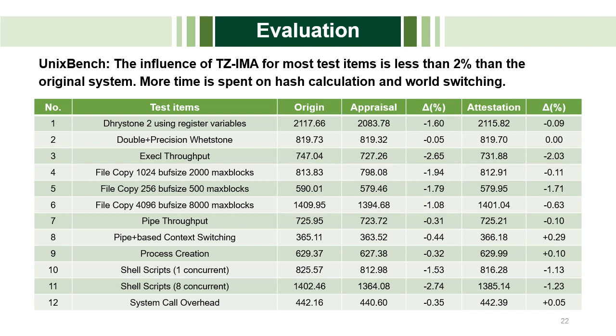The influence of TZ-IMA for most test items is less than 1% compared with the original system, and the performance of 2 items, Execl throughput and shell scripts, decreased by approximately 2%. The result is reasonable because the overhead is mainly caused by the frequent program execution. More time is spent on hash value calculation and world switching.